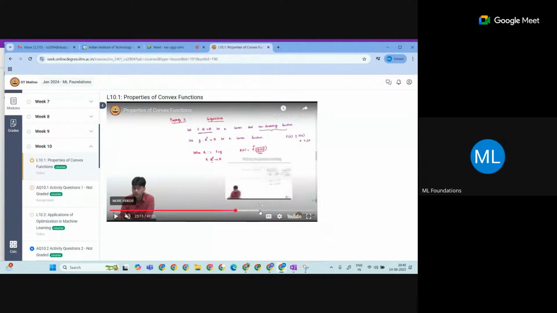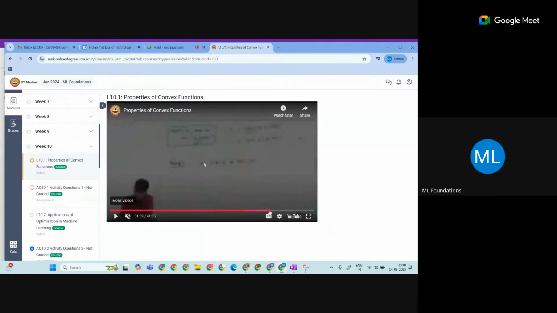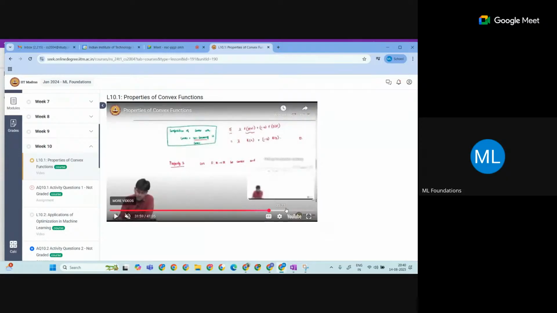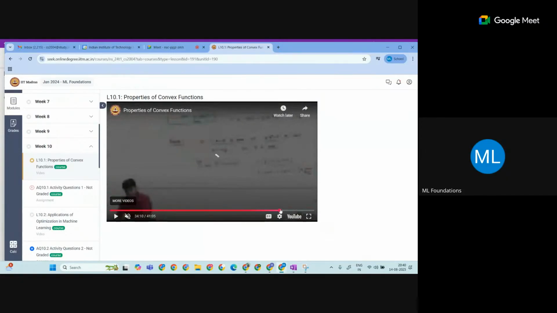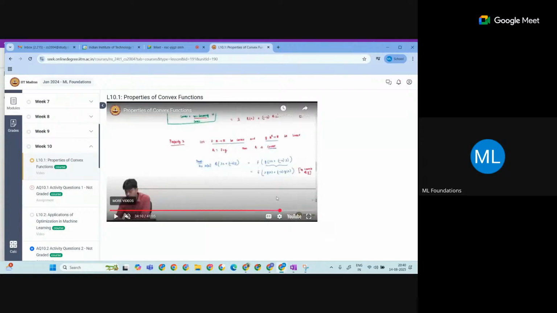It says that when one function is linear and the second one is convex, see the third property. Here some relief is given in the condition. One is convex and the second one is linear, and then the composition is taken, and that is convex. What does that mean?